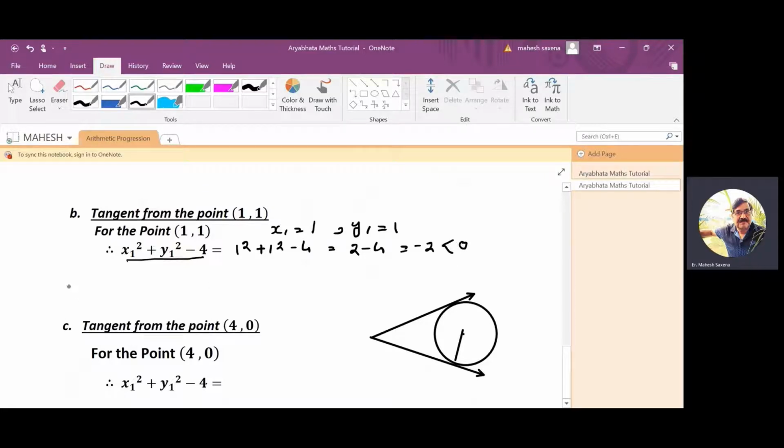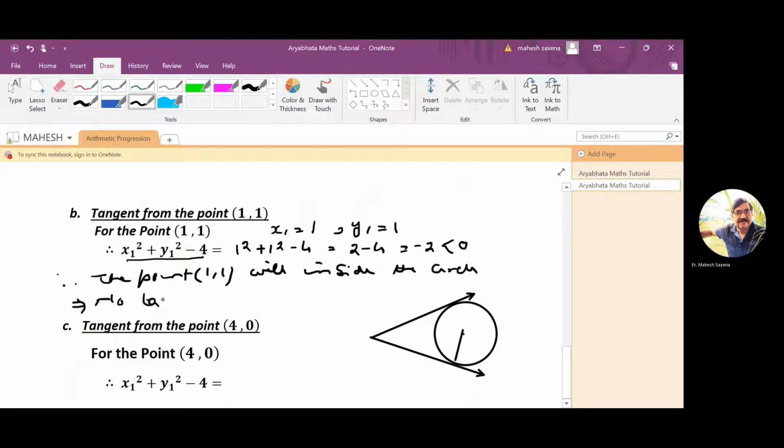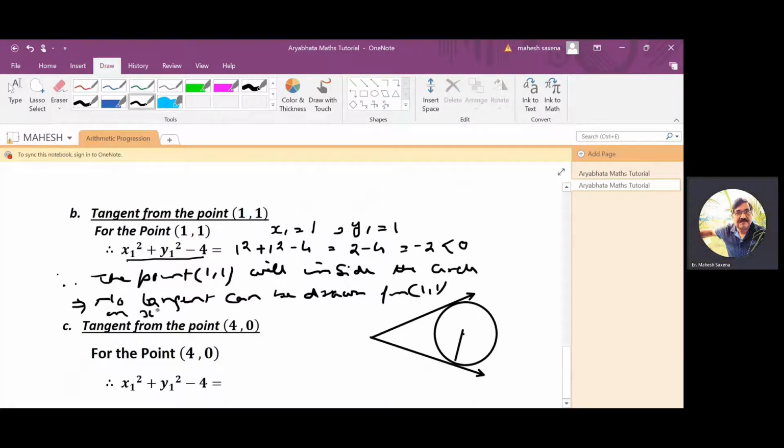Therefore, the point 1 comma 1 is inside the circle, which implies that no tangent can be drawn from 1 comma 1 on x square plus y square is equal to 4.